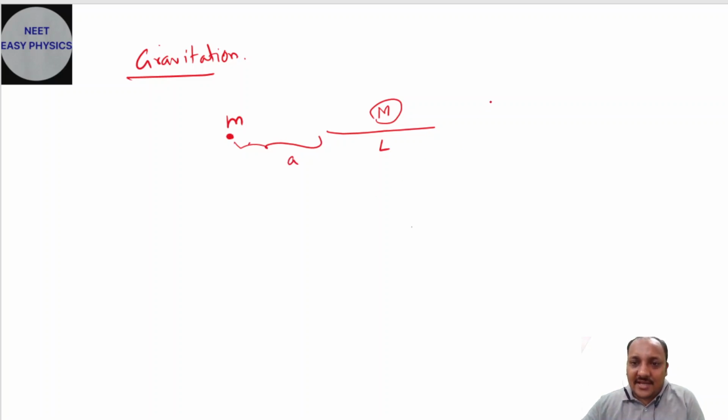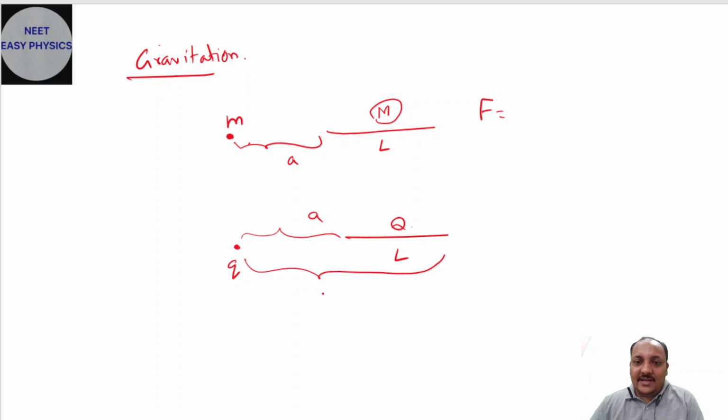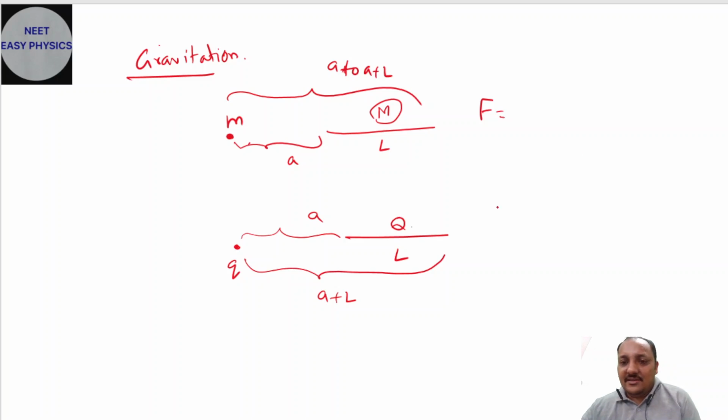They will ask this. For the same question, we took charge Q and length L at a distance A. This wire extends from A to A plus L. Therefore, we got force K small q capital Q by A into A plus L.